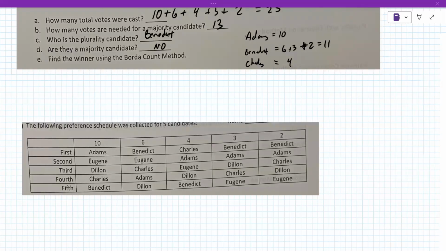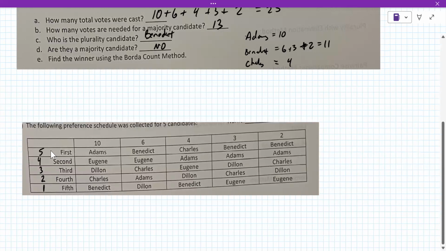You start at the bottom, the fifth place is worth 1, then you give more for fourth place, third, second, and first. So if you had fewer rows, you would still start at 1.